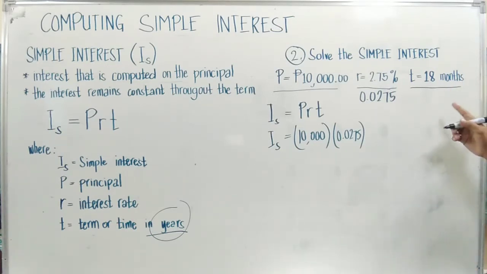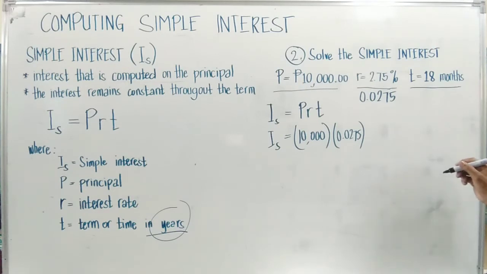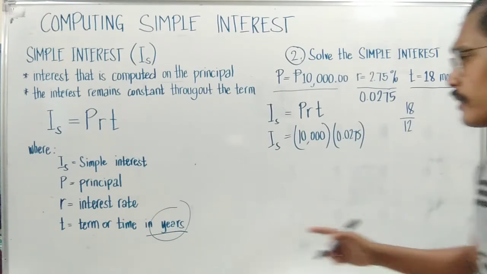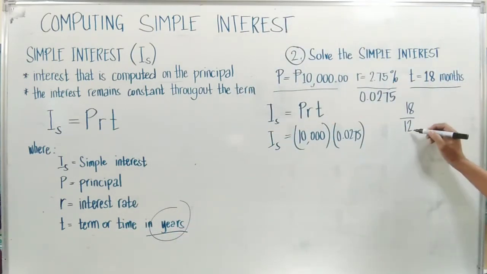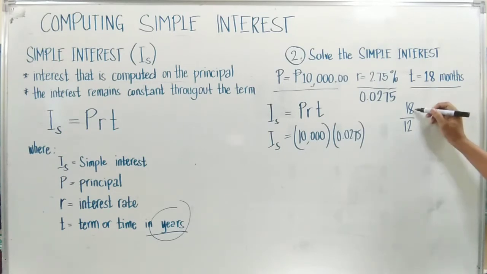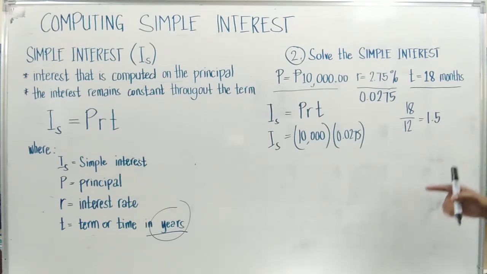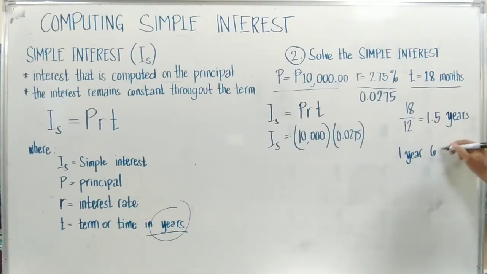In cases where the time is given in months, we should divide it by 12, because the time should be in units of years. There are 12 months in 1 year, so we have 18 divided by 12. Using your calculator, you get 1.5, or 1 year and 6 months, which in decimal is 1.5 years. Again, 18 months is 1 year and 6 months.